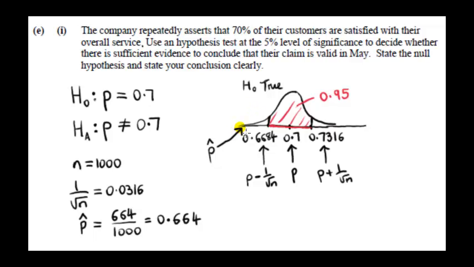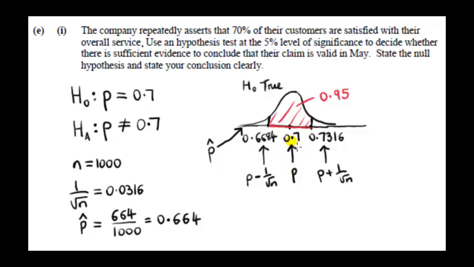Now we saw in a previous video that if we repeatedly took samples of size 1000 and calculated p hat, that is the proportion of satisfied customers out of each sample, those p hats would follow an approximately normal distribution whose mean is equal to the population proportion p.